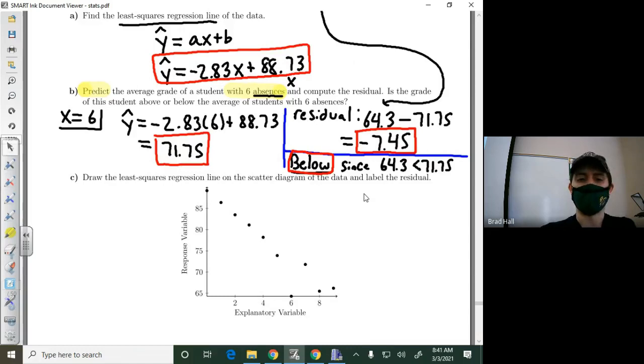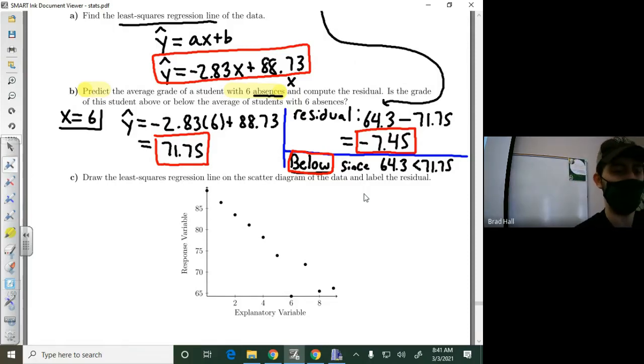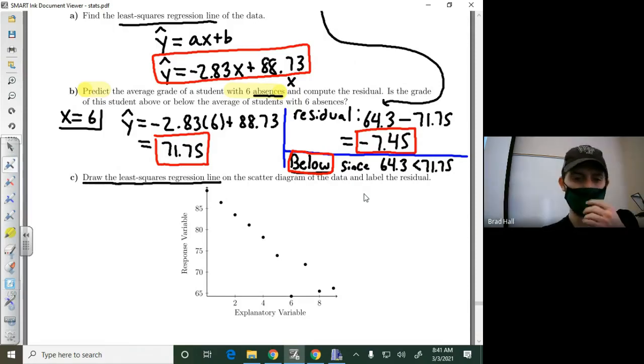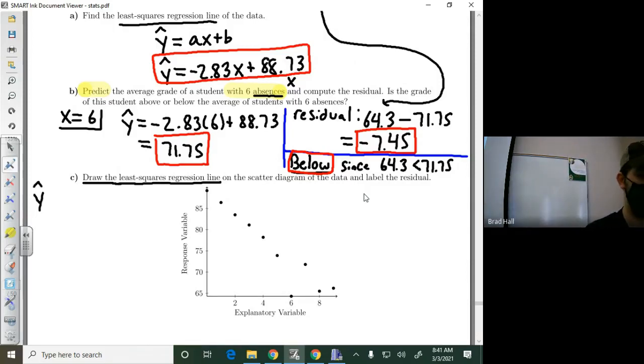Now I went ahead, just like how MyMathLab will, generally for regression line stuff, give you a multiple choice option, and I'll do the same. I'll simplify it here. So I already gave the scatter diagram, and we need to draw the least squares regression line. So we're drawing that. And so again, the regression line is, I'll just rewrite it here.